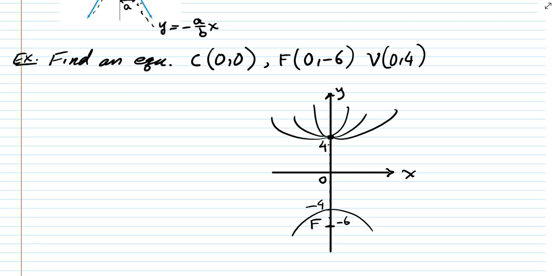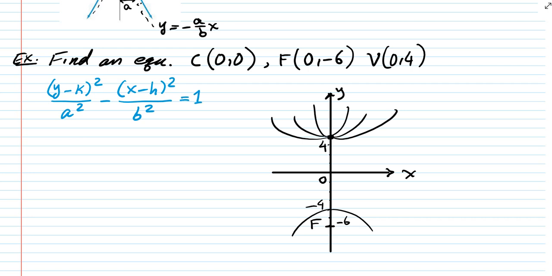But one thing I know, because I know the transverse axis, the line that runs through the vertices right here, is going to be vertical. And for vertical transverse axis, the equation starts with y. I have y minus k squared over a squared, minus, otherwise plus makes it an ellipse, x minus h squared over b squared is equal to 1.